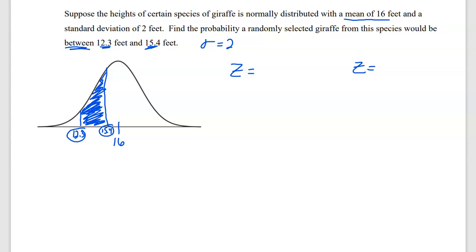I'm going to have to find a z-score for 12.3, and I'll have to find a z-score for 15.4. So let's look at the 12.3 first. So I'm going to do 12.3 minus the 16 divided by the standard deviation of 2.